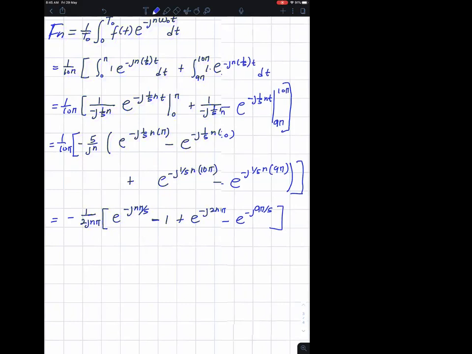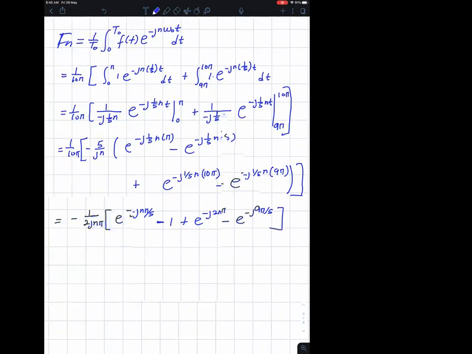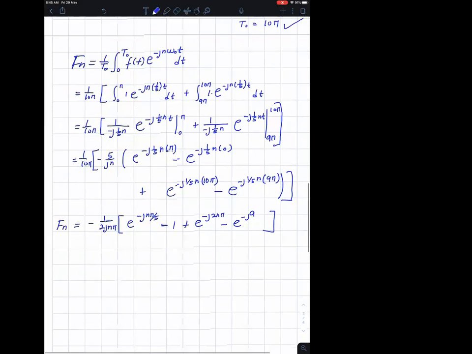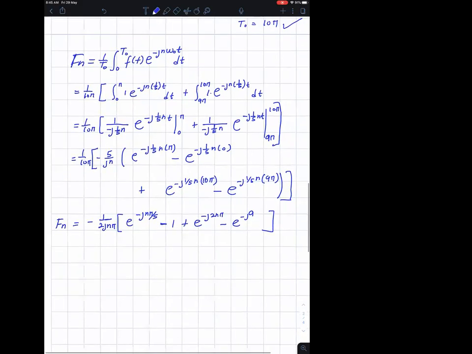If you can get this, it's good. So 9 pi over 5 n, is it? Okay, thanks. Sometimes the pi is missing. When pi is around, then n is missing.